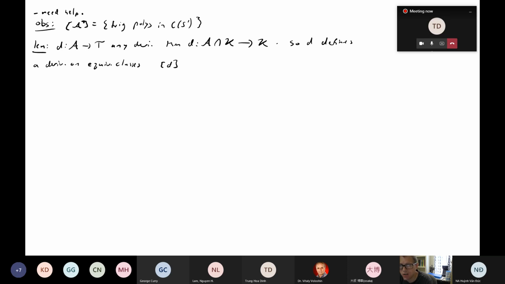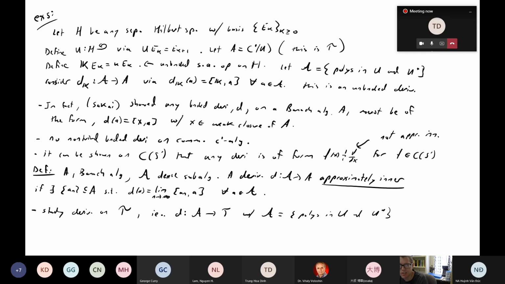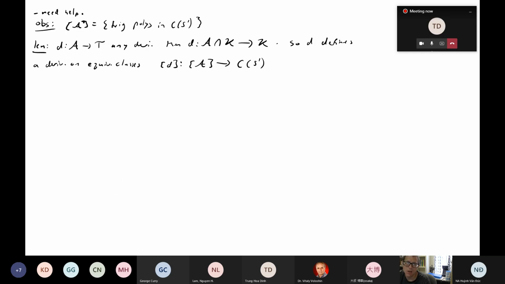For lack of notation, I'm just going to call it the class of D, just so there's not too much notation floating around. So any derivation with this polynomial domain will define one on the equivalence classes, which happen to be the trig polynomials, and with this trig polynomial domain, this is all of them.